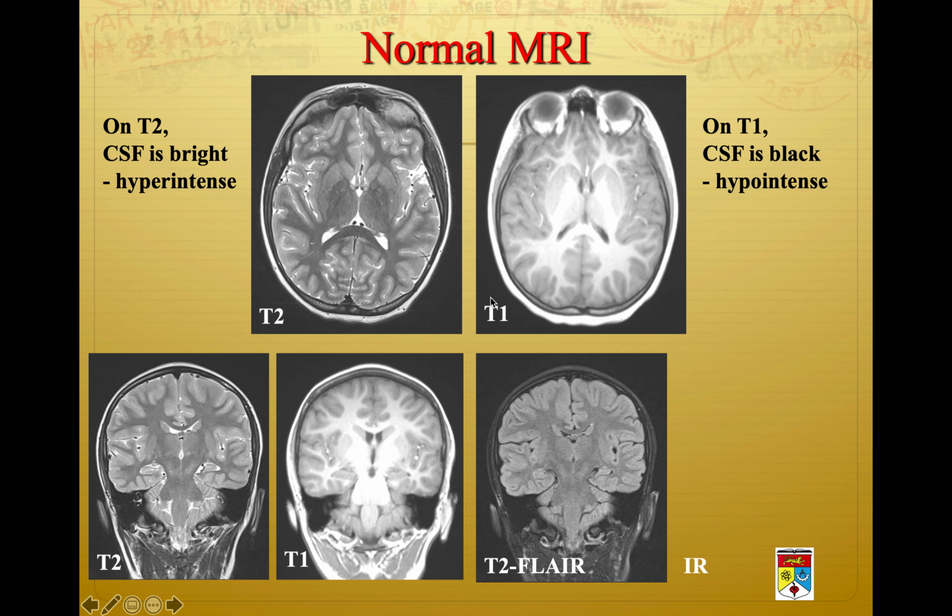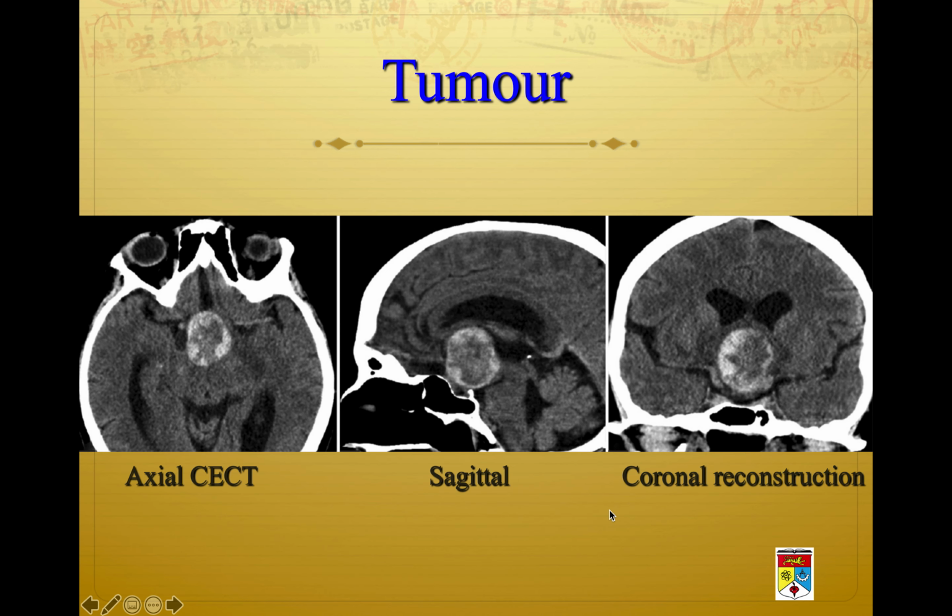But if the appearance is flipped, reversed, the grey matter is brighter, the white matter is black, and the CSF is bright, then this is T2. T1 basically helps in delineating the anatomy, but T2 mainly helps in looking at the pathology. So this is how it looks on coronal T1 and T2. You have some other sequences related to FLAIR, but that one is more advanced, so I will not go into details.